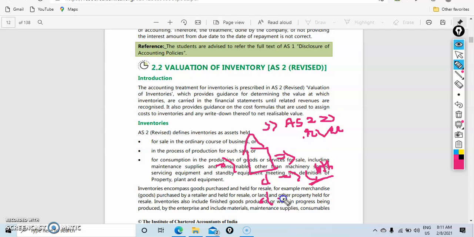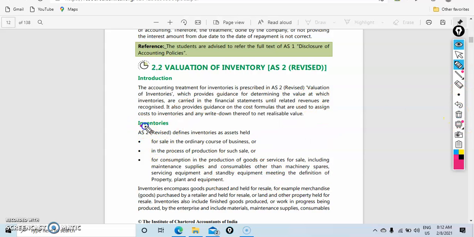Cars or furniture, for such a business, are not inventory because they are not in the ordinary course of the business. The condition is that it should be in the normal course of the business.